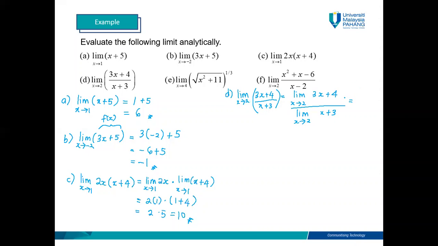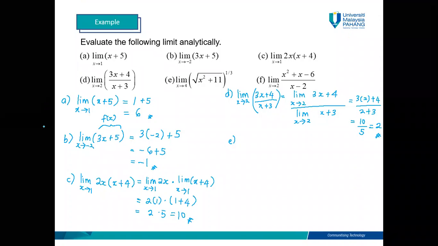Okay, so you substitute 3 times 2 plus 4 over 2 plus 3. Okay, 3 times 2, 6 plus 4, 10 over 2 plus 3, 5. So equal to 2.